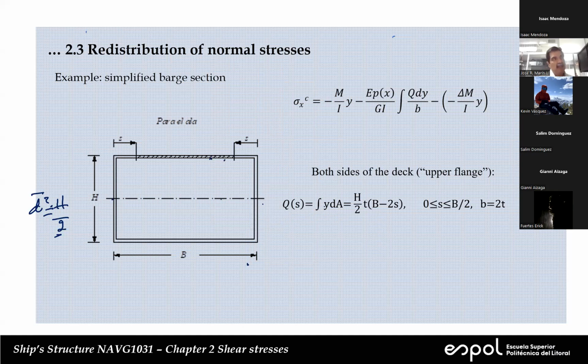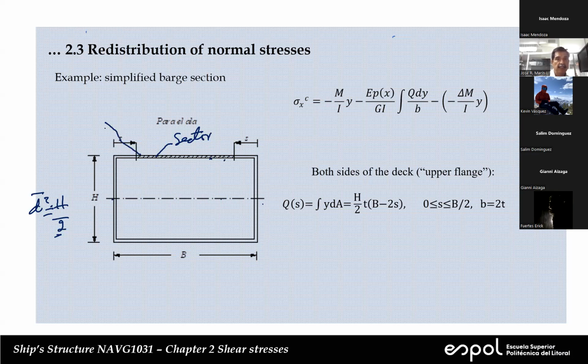So after that, somebody said that we're going to consider the calculation of Q. That's the first moment. So we have to define the sector that we're going to consider, and we're going to go from here until here, both sides. Now, let me draw in 3D.